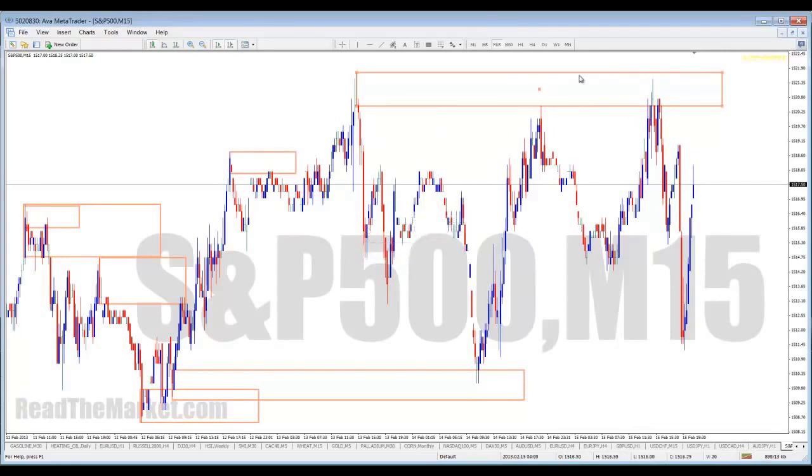When they get broken, notice as well what's going on. You'll see price often wants to go further. Rally, base, drop, rejection.